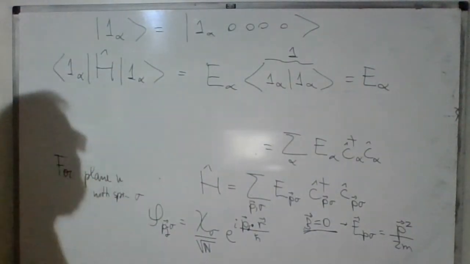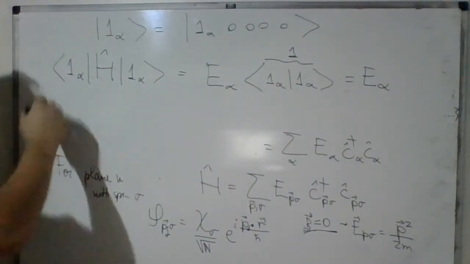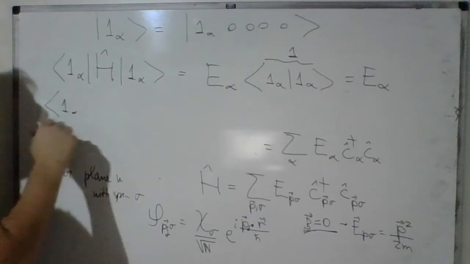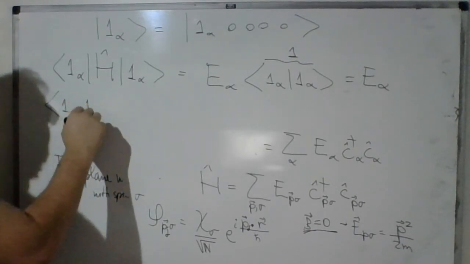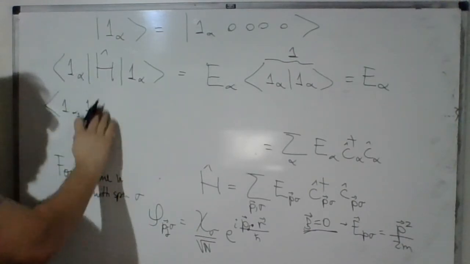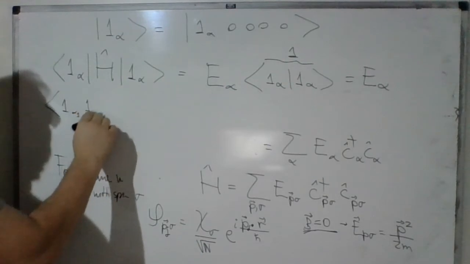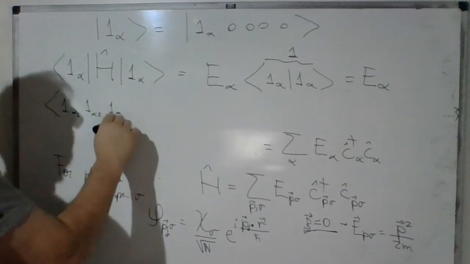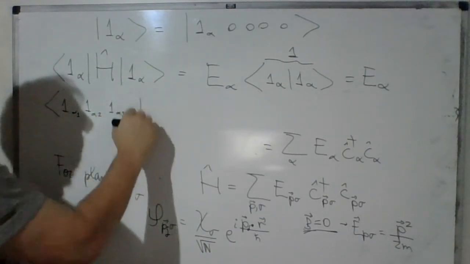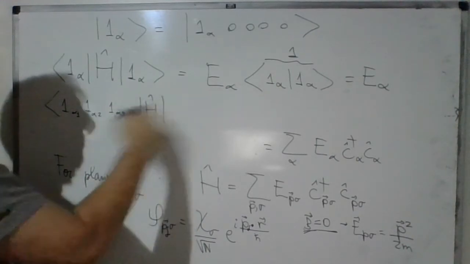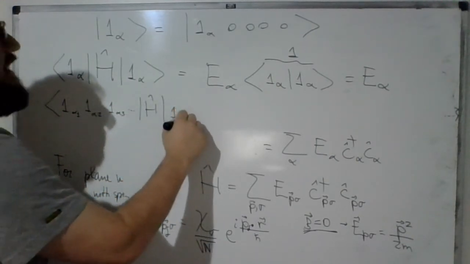But if you have as many particles, if you have one particle in the state alpha, one particle in the state alpha 1, suppose, one particle in the state alpha 2, one particle in the state alpha 3, and so on, you project out the Hamiltonian just to calculate the average.